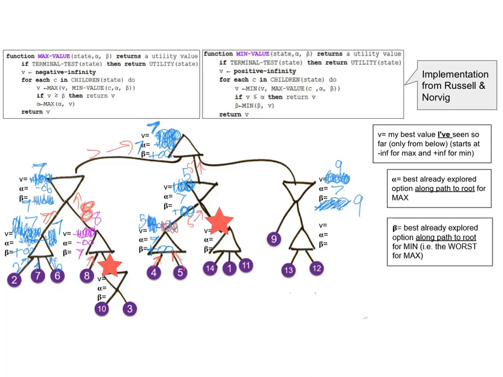So alpha is 7, beta is 9. Okay. And what do we got here? We're in a max node. So we're going to run this function, and V is going to get negative infinity.